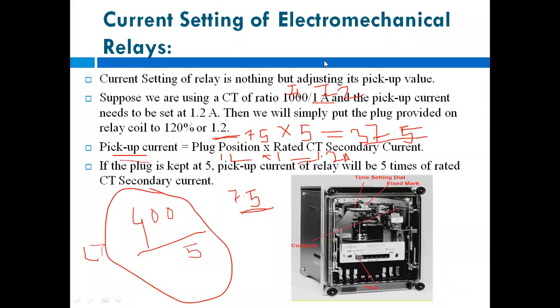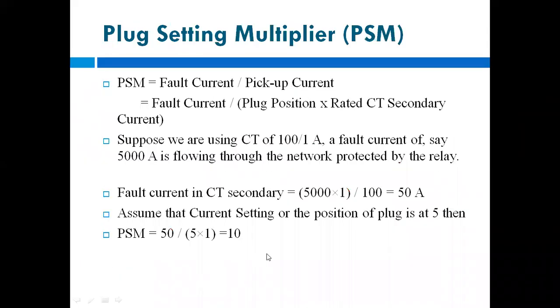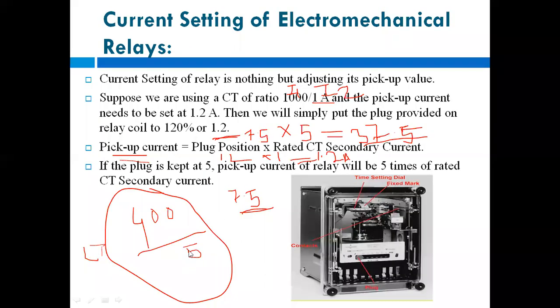Here, pickup current is equal to plug position. Suppose this plug is set at 7.5, and your current transformer is 400 by 5 ampere, meaning its secondary current is 5 ampere only.